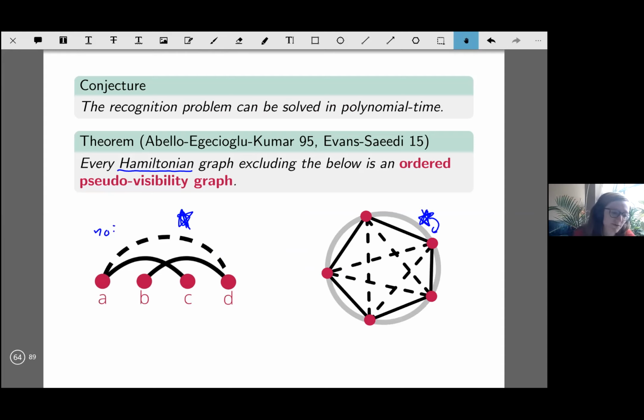The way you can do that is you can guess 2 vertices that are next to each other with the rest of the cycle on one side, and then you delete all other vertices which are in triangles, and then you direct all edges in one direction, and then you look for a directed path. So you look for a directed path from A to B. So the point is that you can actually test for these things in polynomial time, and if you have enough, that's enough to show that you're a pseudo-visibility graph.